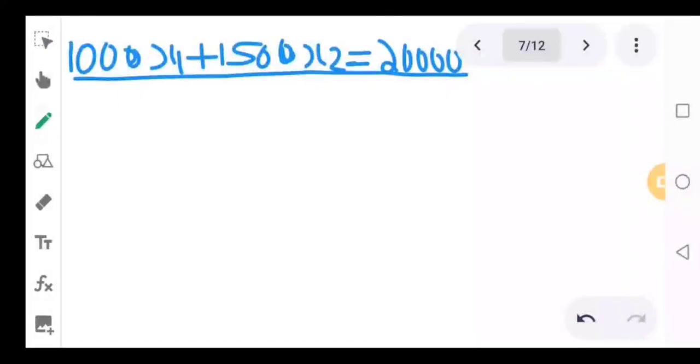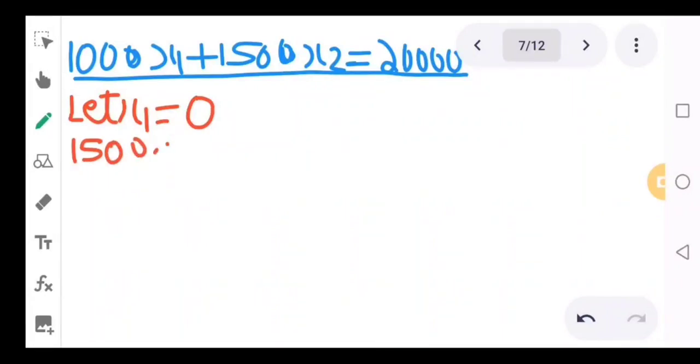Now let's assume x1 is equal to 0. Then 1000 times 0 is 0, so what will be left is 1500 x2 equal to 20,000.